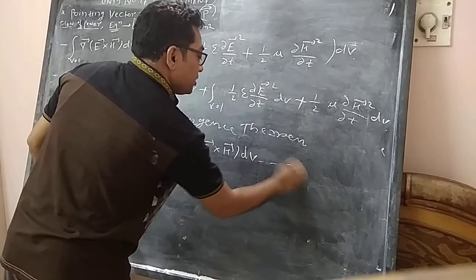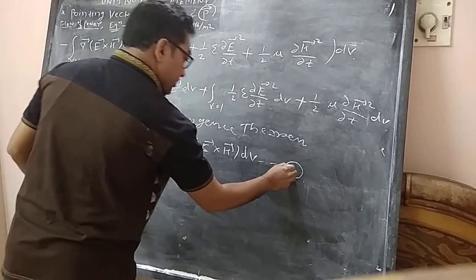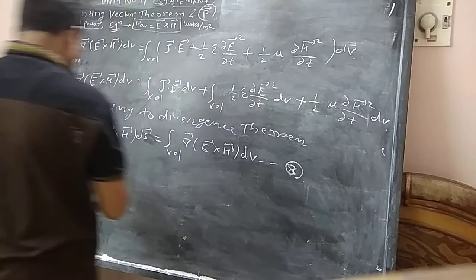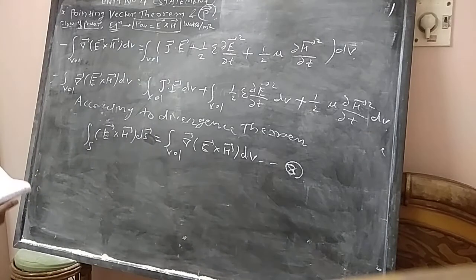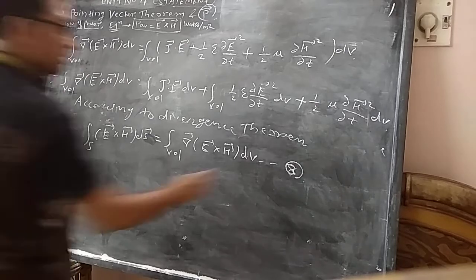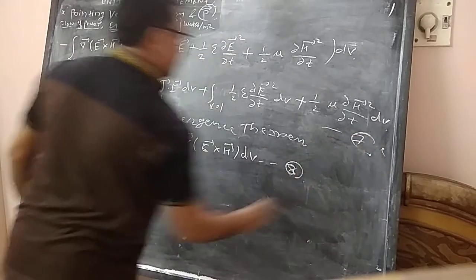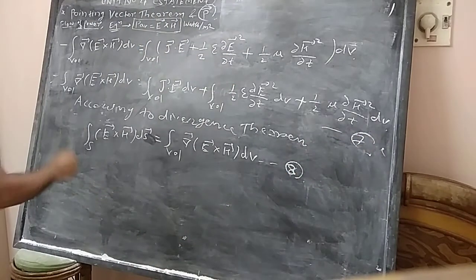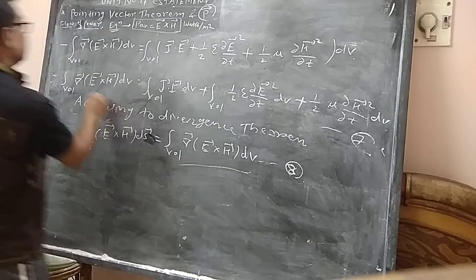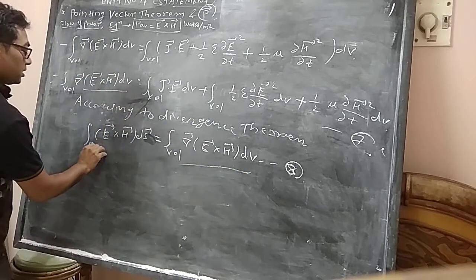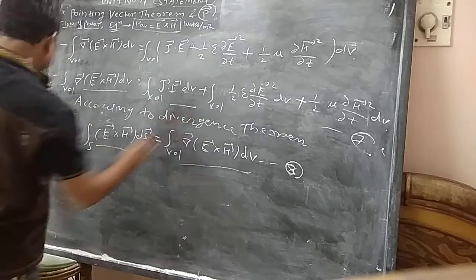This is equation number 8. Now equating equation 7 and 8. Equation number 7 is this equation and equation number 8 is this. So this value and this value will be the same.